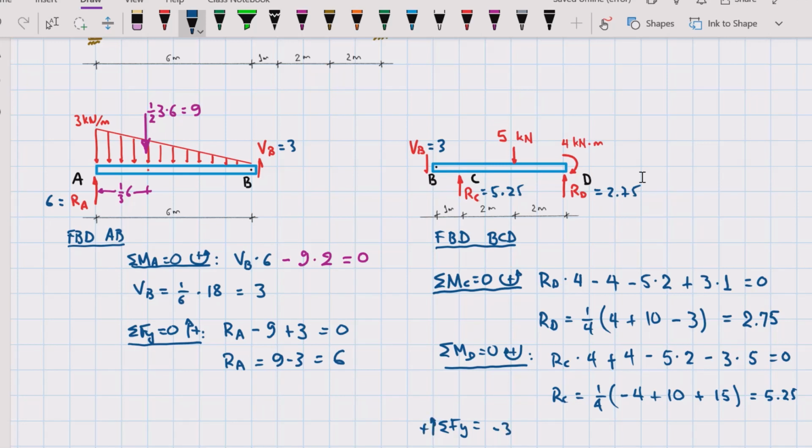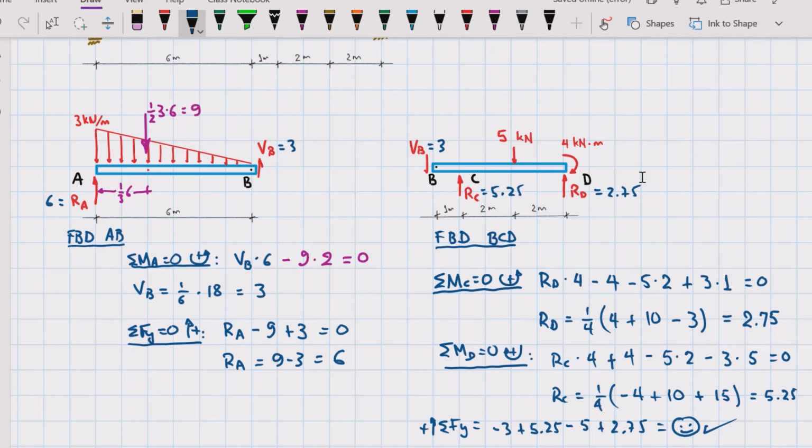So minus 3 plus 5.25 minus 5 plus 2.75. Will that give you 0? Does it? 7, 8. Yeah. Equals to 0. This happy face, right?